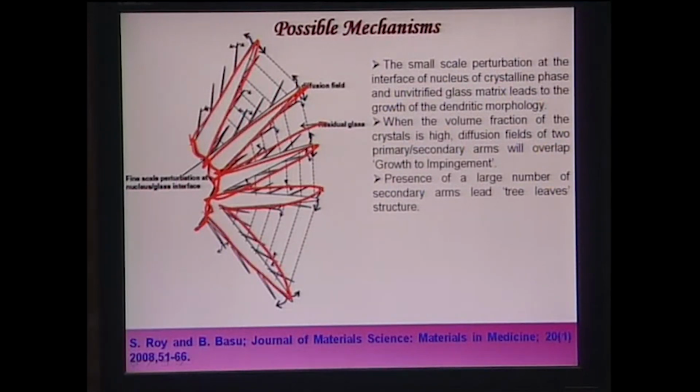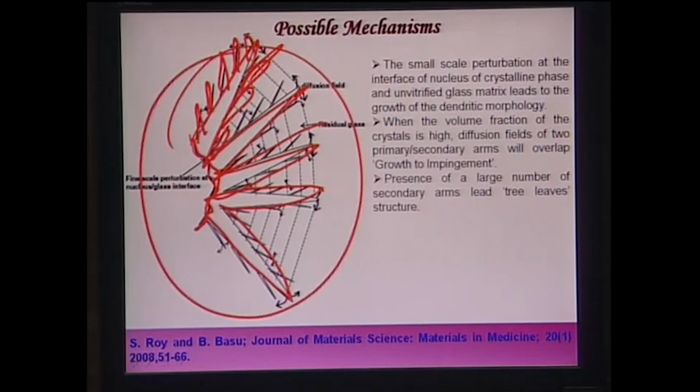From these primary dendrites, you also have secondary dendrites, which are also growing in this glass matrix, and as a result you form more of a tree leaf type of pattern, and that is what we call butterfly type of crystals. Now in the literature these kinds of crystals are also known as spherulite dendritic type of crystals.